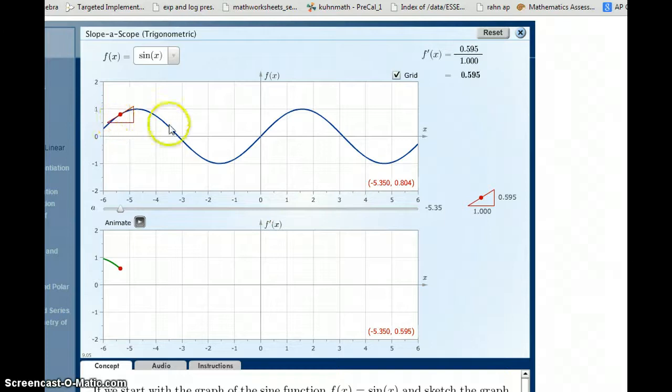So now that I move over here, the slope triangle has changed, and now f prime for that particular x is 0.595, and in here I'm graphing what f prime will be. So I started with a positive number, but now we're reducing it because the slope is less than it was before.